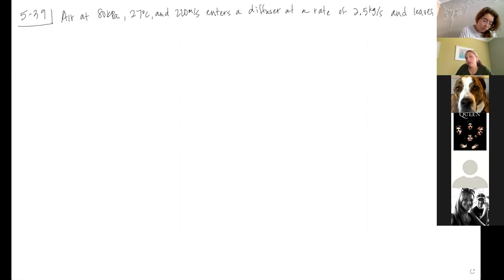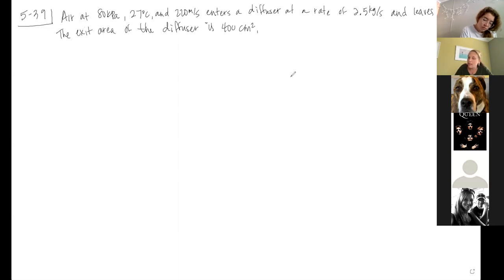The exit area of the diffuser is 400 centimeters squared.